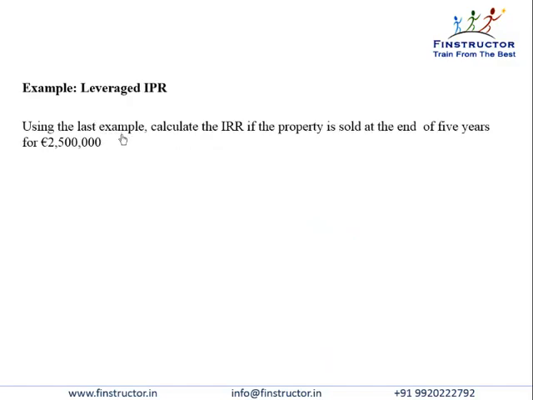Using the last example, calculate the IRR if the property is sold at the end of 5 years for $2.5 million. IRR in this case means the equity IRR. That is the IRR that you have received on the equity that you invested.